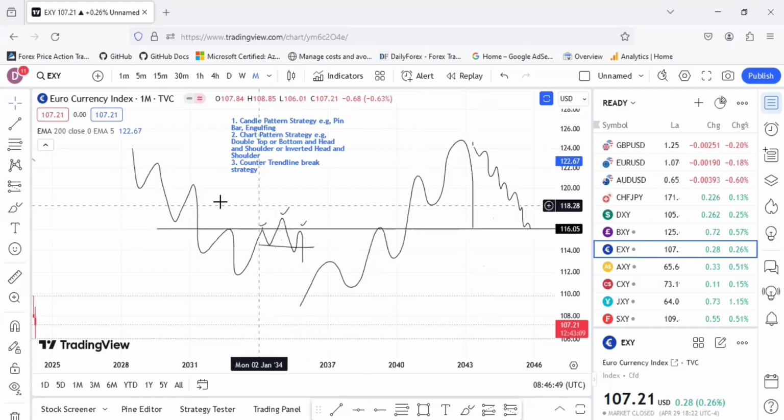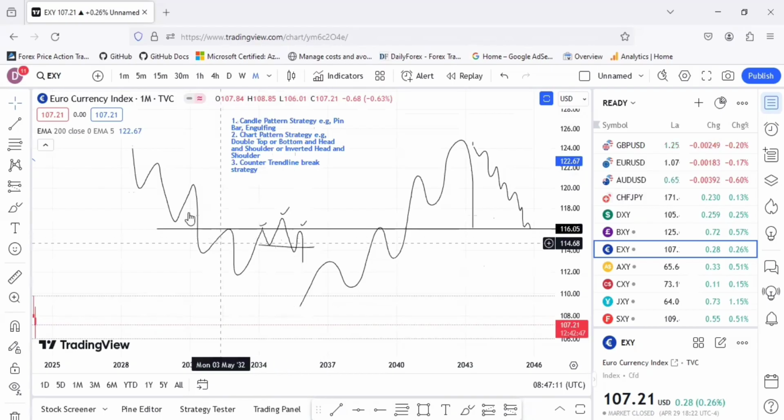And also, if you see this pattern here, either double bottom or inverse head and shoulder, it is an indication that this price wants to pull back from here. You understand? But because I like to trade in the direction of trend, that is why I use this method.